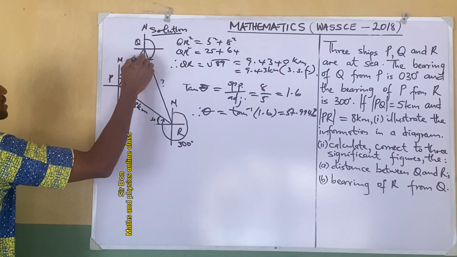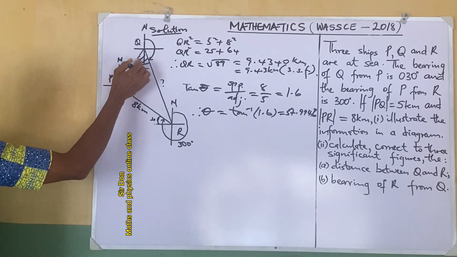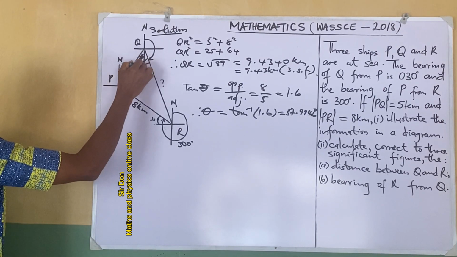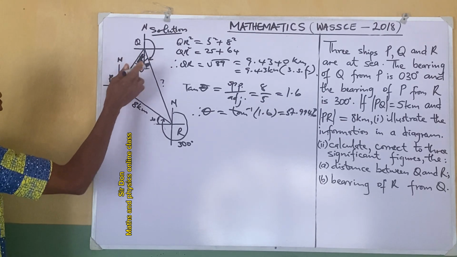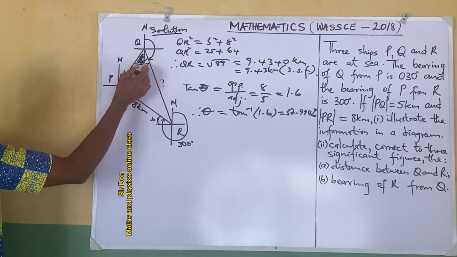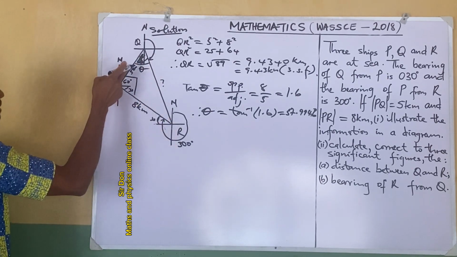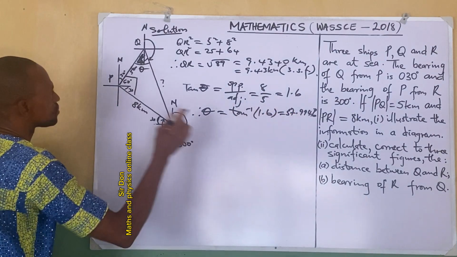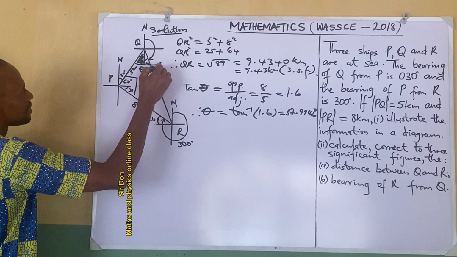That is the entire angle here. But remember that this shaded angle alone is 30 degrees. So to get this remaining angle, you subtract 30 degrees from 57.9946. Call it beta.